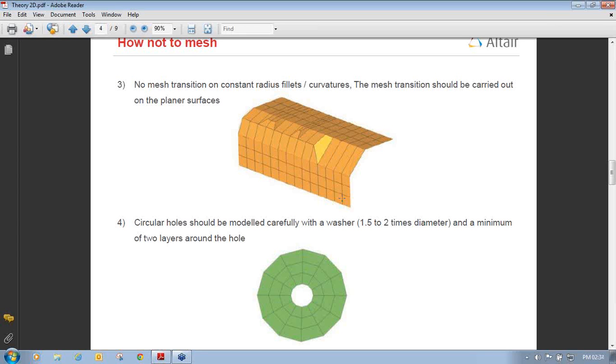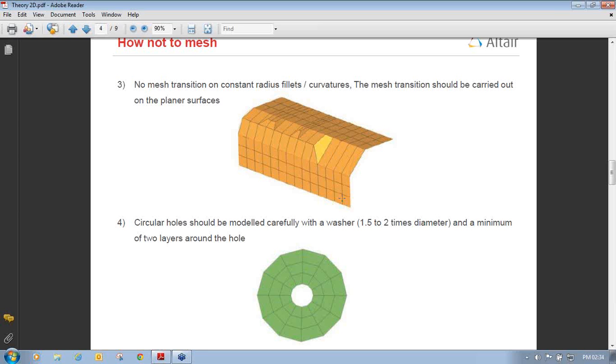Then the fourth rule is circular holes should be modeled carefully with a washer of 1.5 to 2.5 times its diameter, and a minimum of 2 layers around the hole should be provided on the fillet or on the washers. This is because if you are simulating any bolt simulation or fitting simulation, then the top head of the screw or top head of the nut will be tightened on that sheet metal.